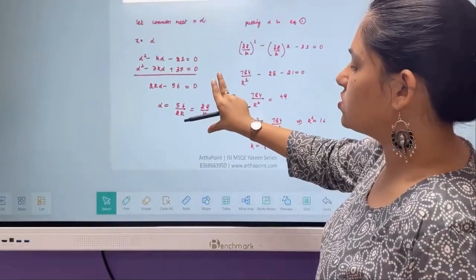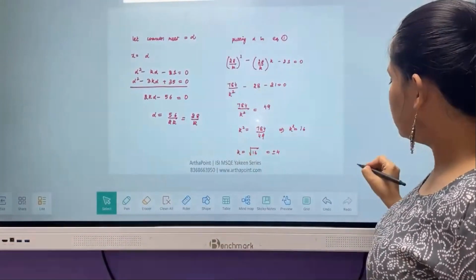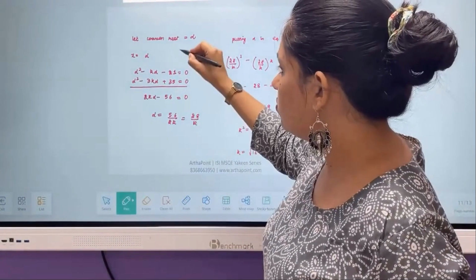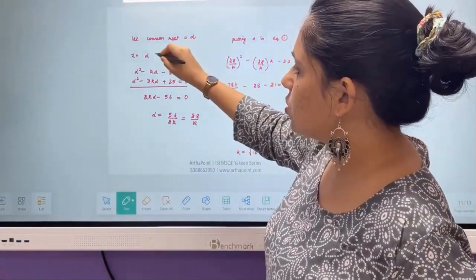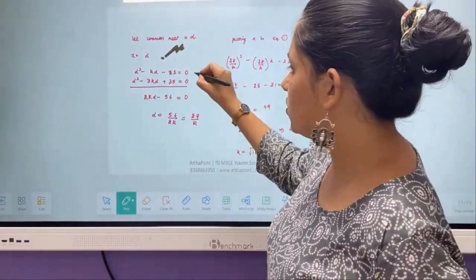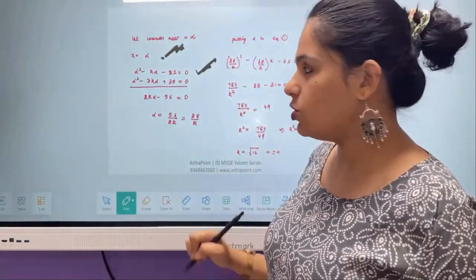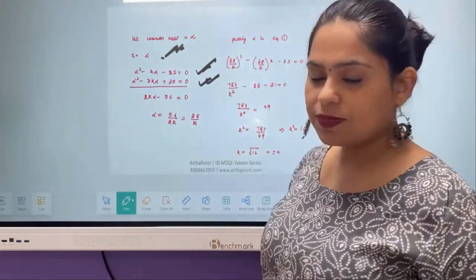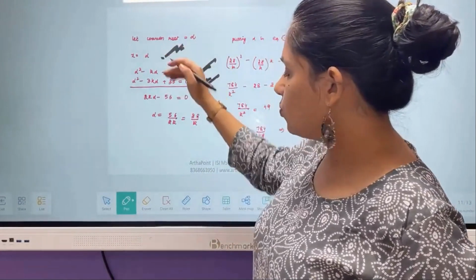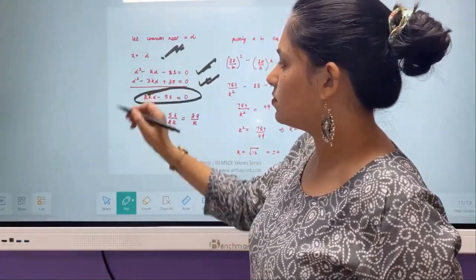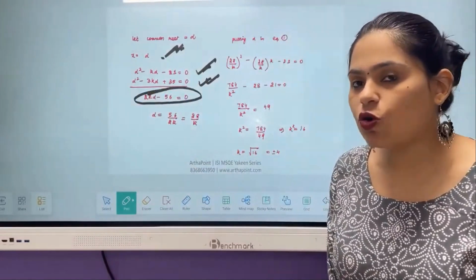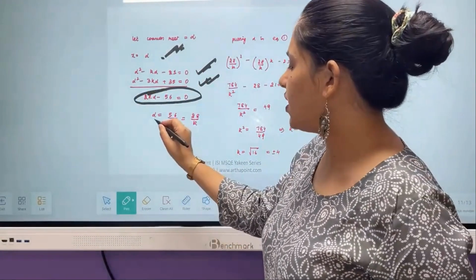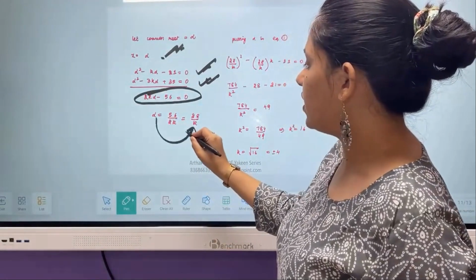These are the two equations I have got. When I got these two equations, I assumed that x is equal to alpha. I got the first equation, and I got the second equation. I subtracted the two equations and I got this beta. And then I solved alpha in terms of k and I got alpha is equal to 28 by k.